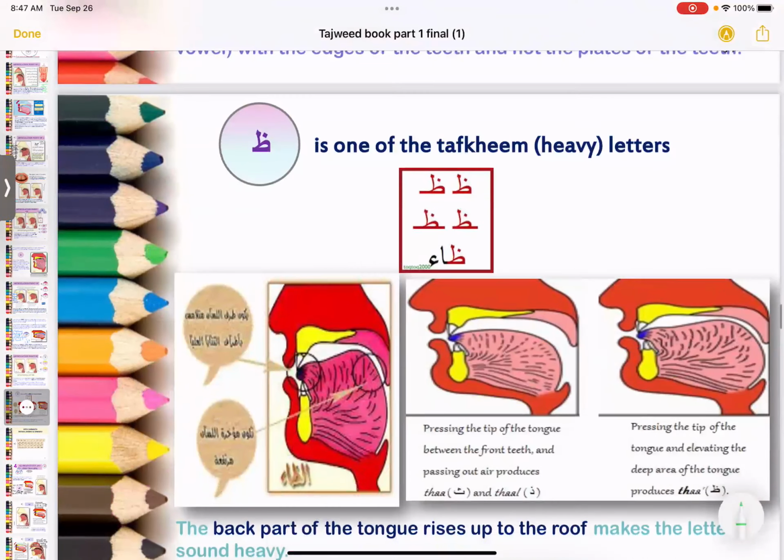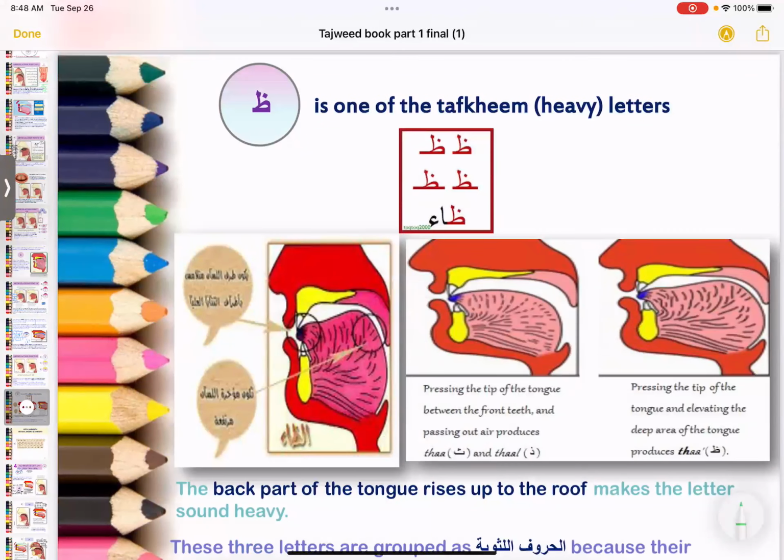Okay, now this letter is very hard for people to pronounce, because a common mistake we make in this letter is that we make it sound like Dod. But this is not Dod. This is the letter Dal. It has a different sound from the sound of Dod. What do we see in this letter?